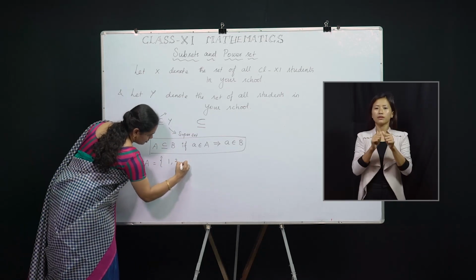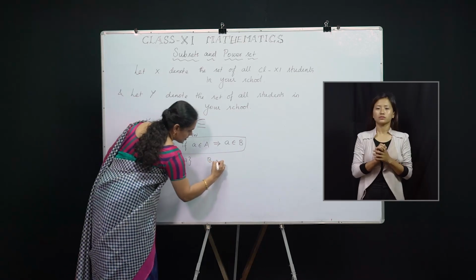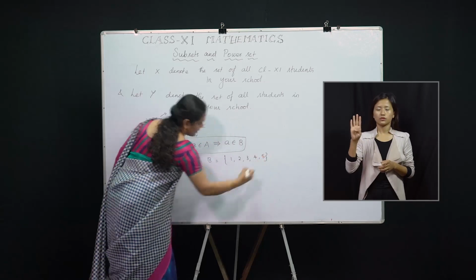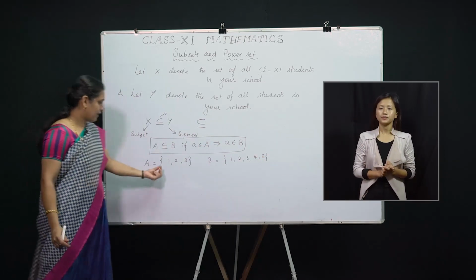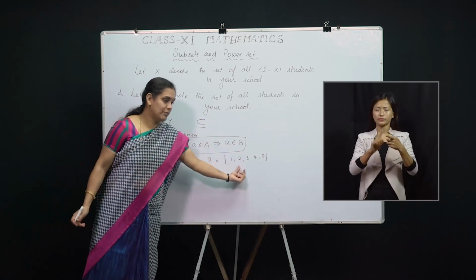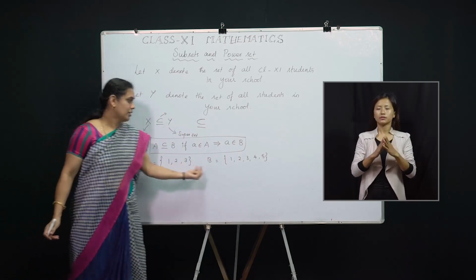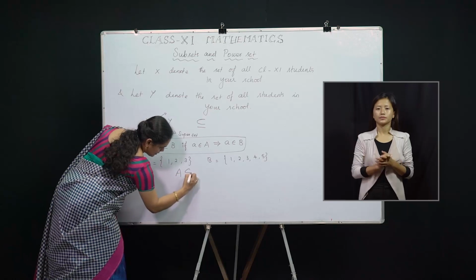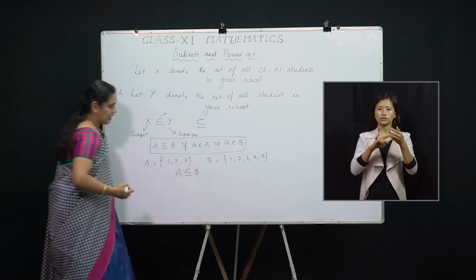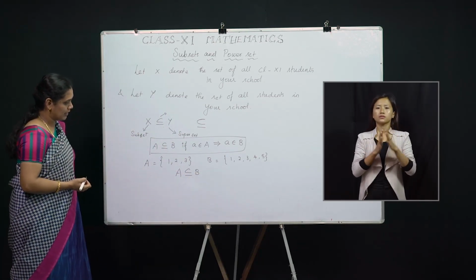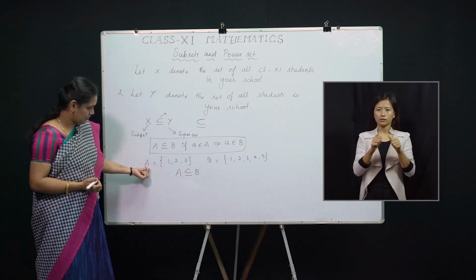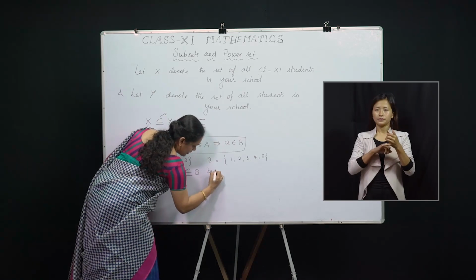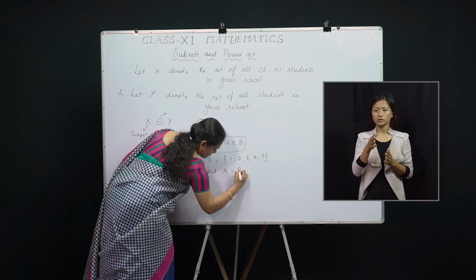I will give you more examples. A is {1, 2, 3} and B is {1, 2, 3, 4, 5}. See here, every element of A is also an element of B. 1, 2, 3, here also 1, 2, 3 is there. Here we say that A is a subset of B. And we note that A is a subset of B, but A is not equal to B, right?